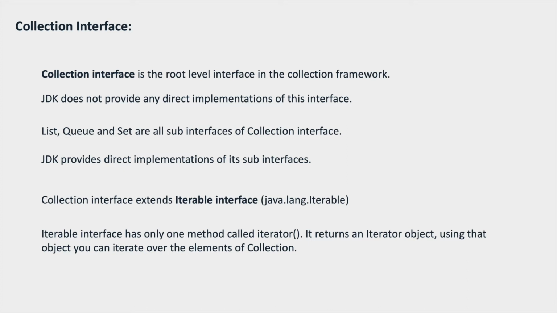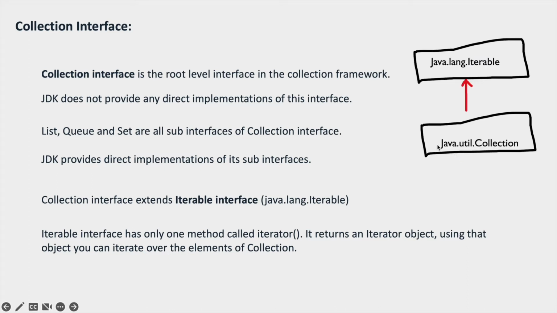If you want to iterate the collection objects, we use the iterator method, which is available in the Iterable interface. So we can say the java.util.Collection interface is a sub interface of the java.lang.Iterable interface.